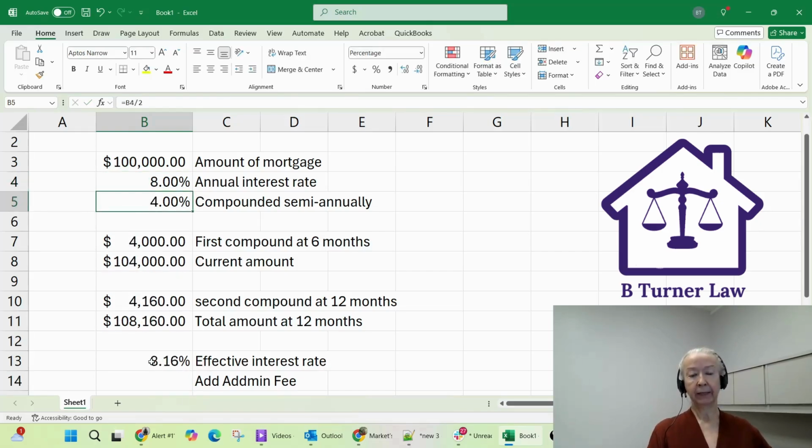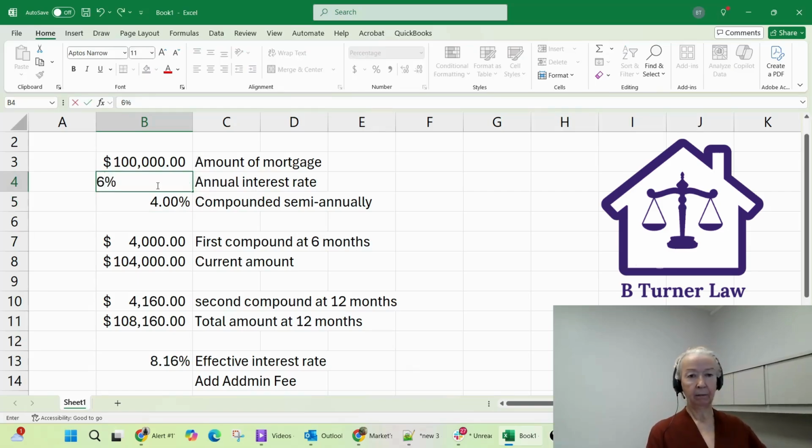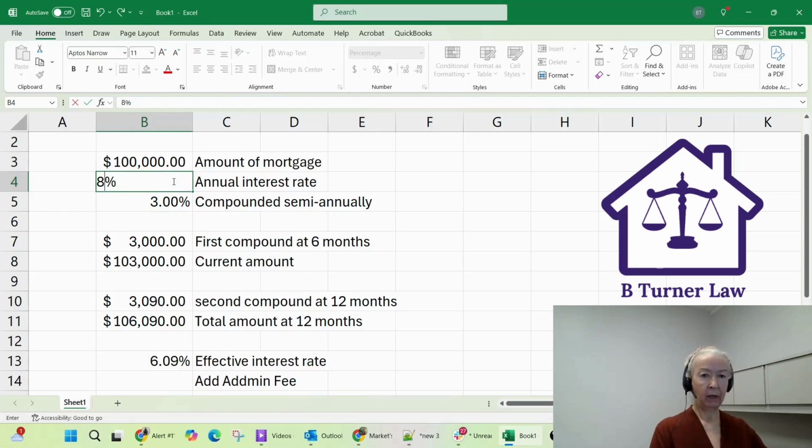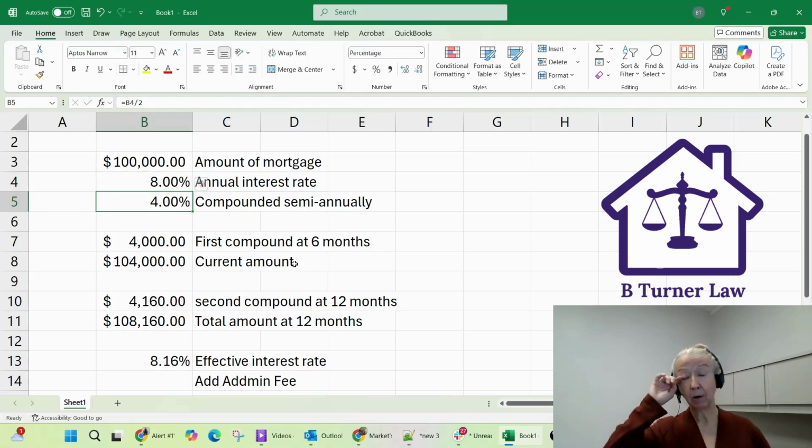Then the effective interest rate is a little bit more than 0.1% difference. So at 6%, it was less than 1.1%; at a higher interest rate, the effective interest rate differs more. So this is when it's compounded semi-annually. If it's compounded annually, you would have it exactly the annual interest rate.